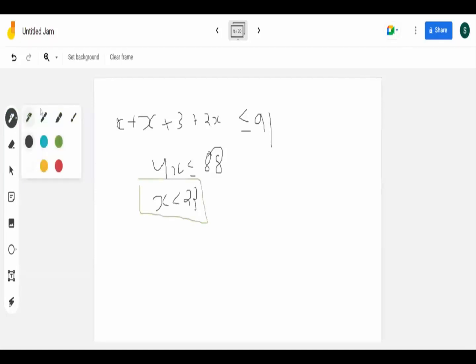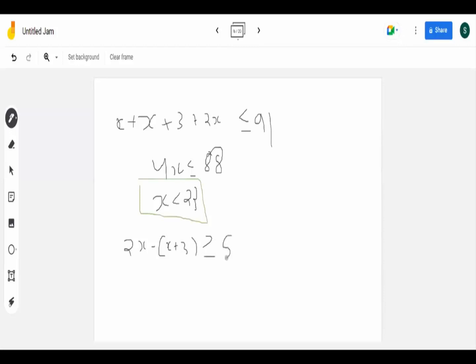And the second condition is that 2x minus the second side, that is x plus 3, the minimum difference between the two sides is 5 or greater than 5.